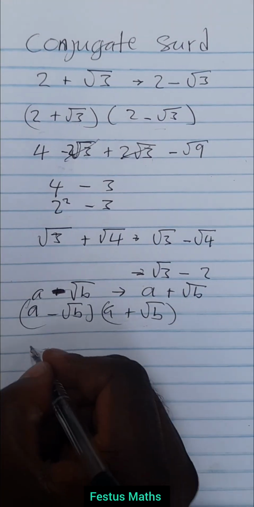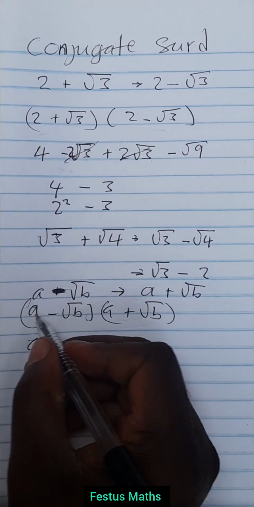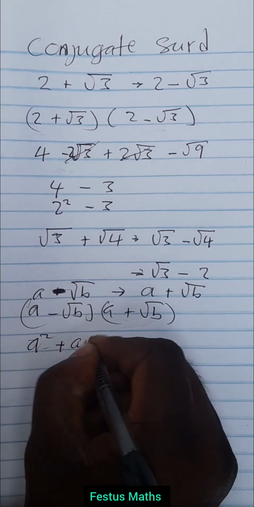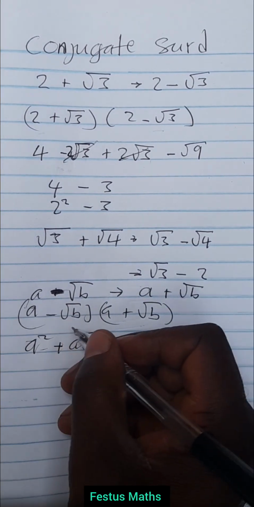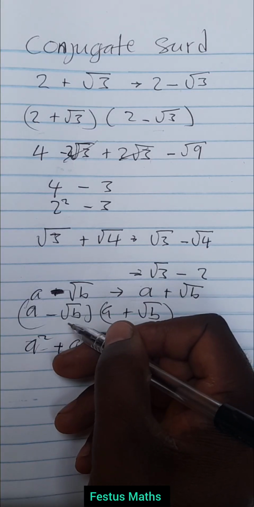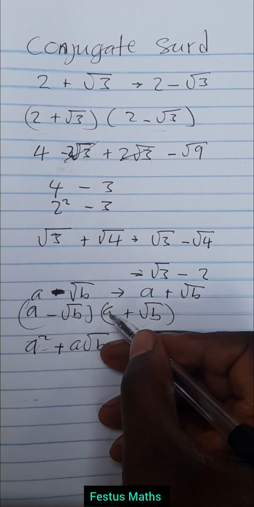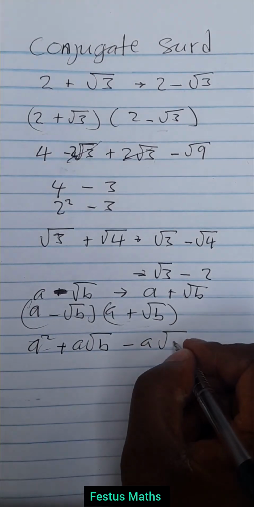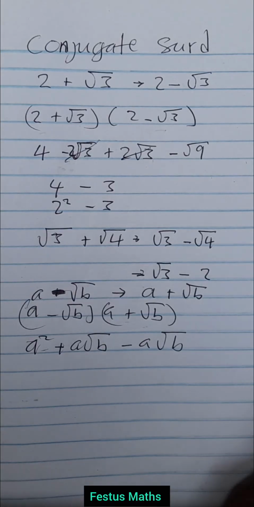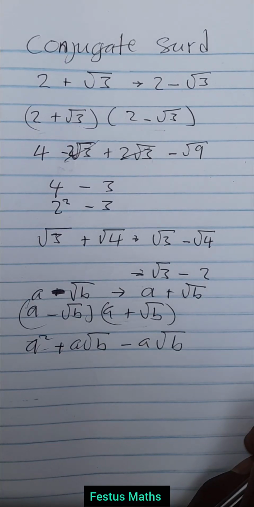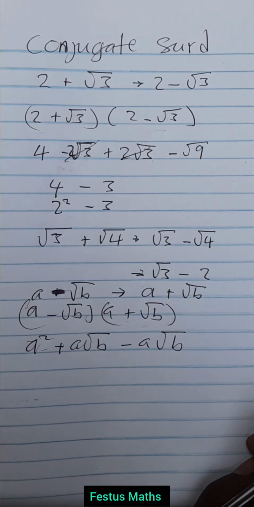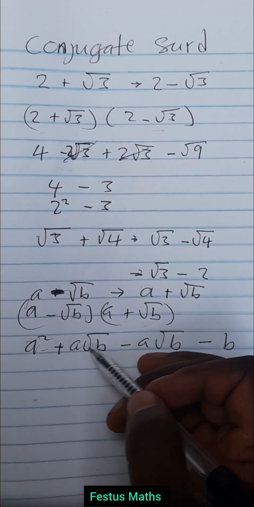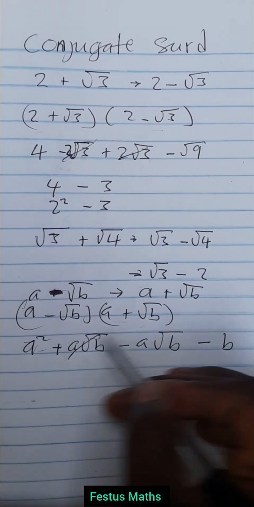So A times A will give us A squared. Then A times root B will give us plus A root B. Then minus root B multiplied by A will give us minus A root B. Then minus root B multiplied by root B will give us minus B. So plus A root B minus A root B will give us 0.